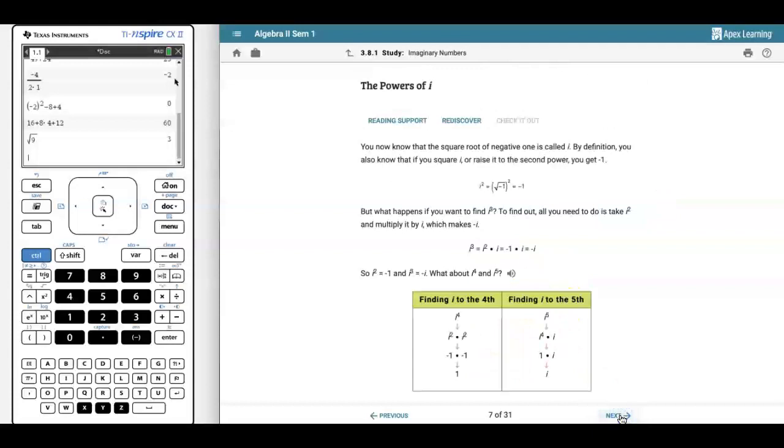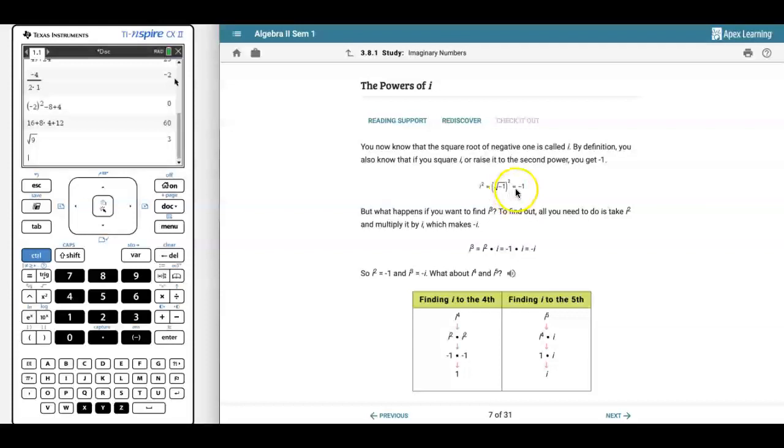Moving forward, we can take i and treat it like a variable, but if we multiply a certain number of i's together, we get numbers back out. We said that i stands for the square root of -1. Well, if I have i squared, that effectively cancels out the square root.